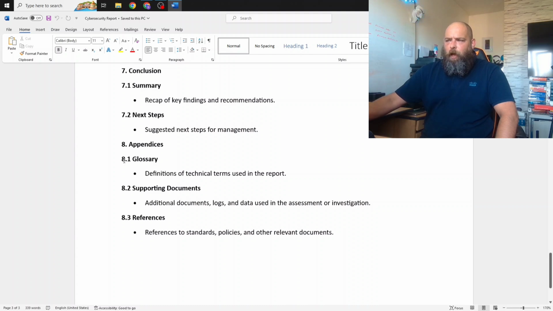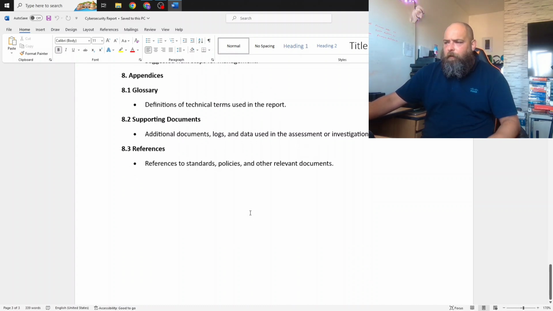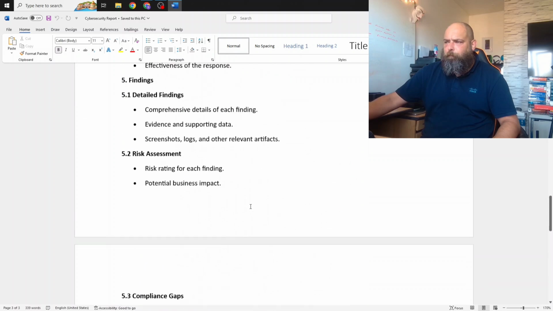So within that you would have your glossary, so definitions of technical terms used in the report. 8.2 is supporting documents, such as any additional documents, logs, and data used in the assessment or investigation. And 8.3 is references, so references to standards, policies, and other recommendations.